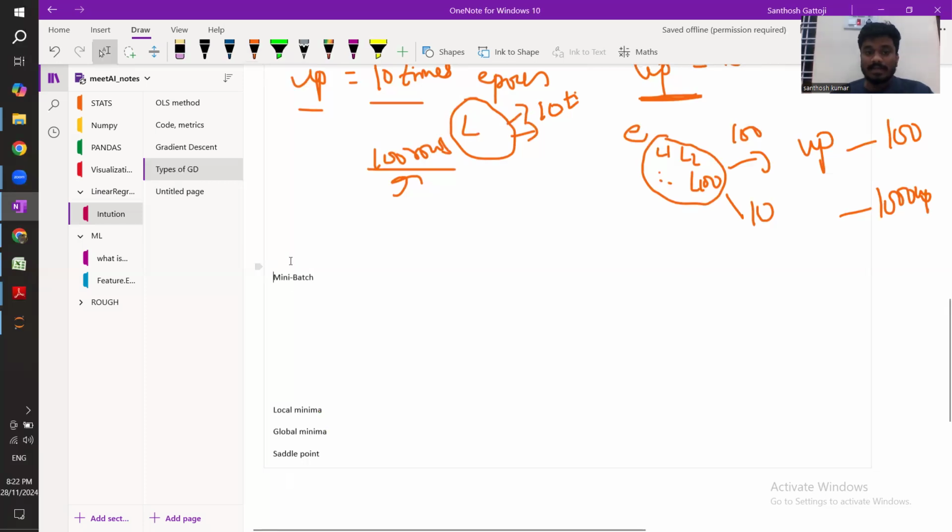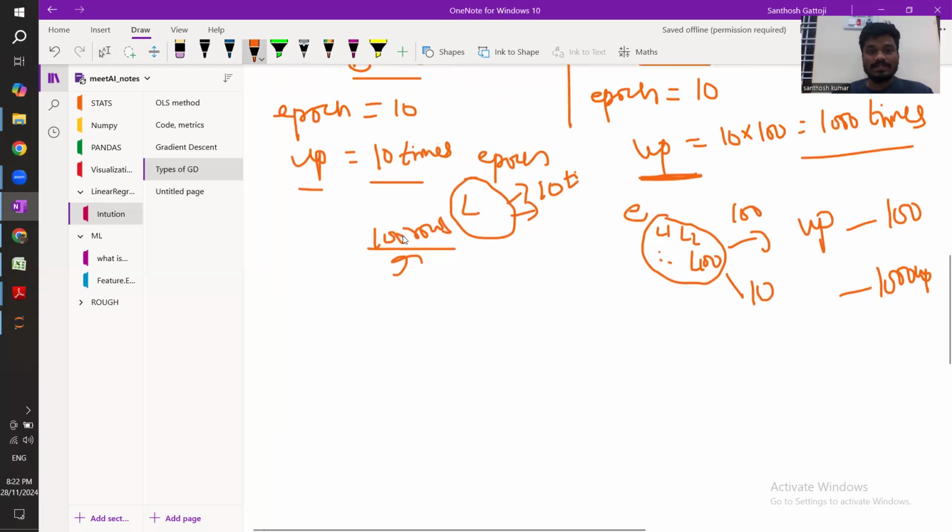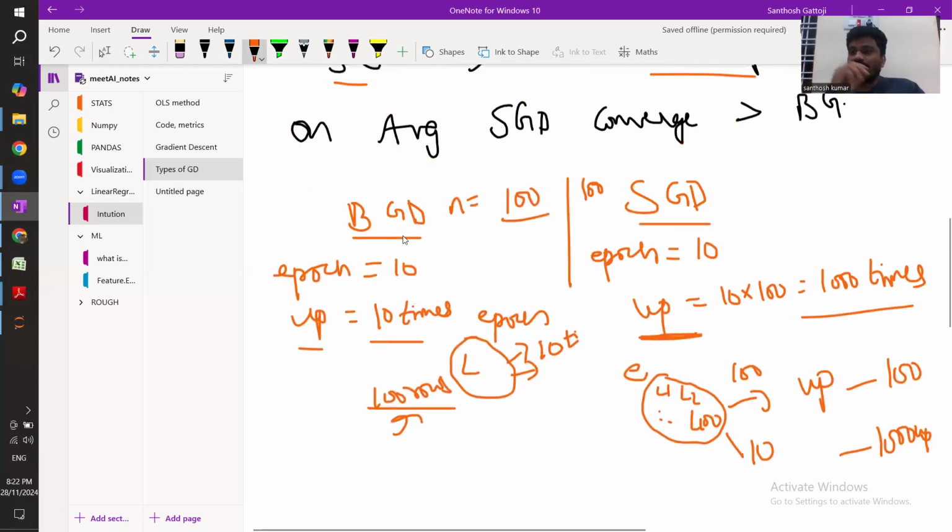But wait, before concluding, the important point is this: usually people think batch gradient descent uses the complete data set, and there are chances it will get stuck in a local minima.